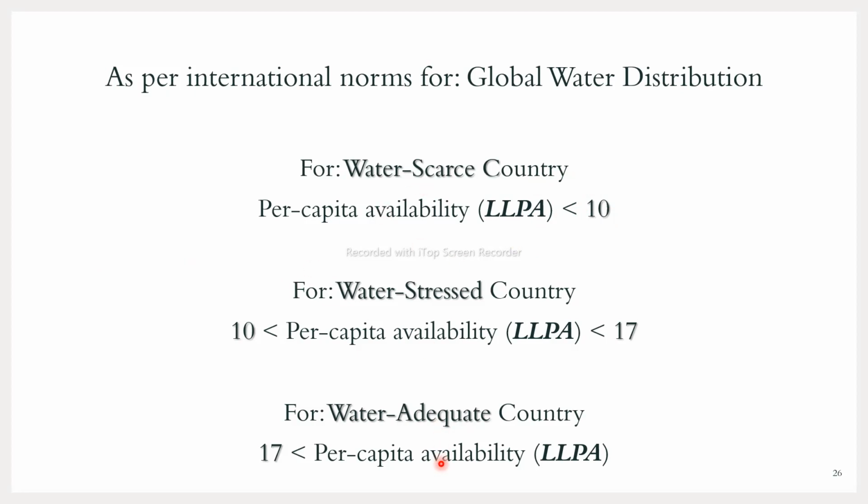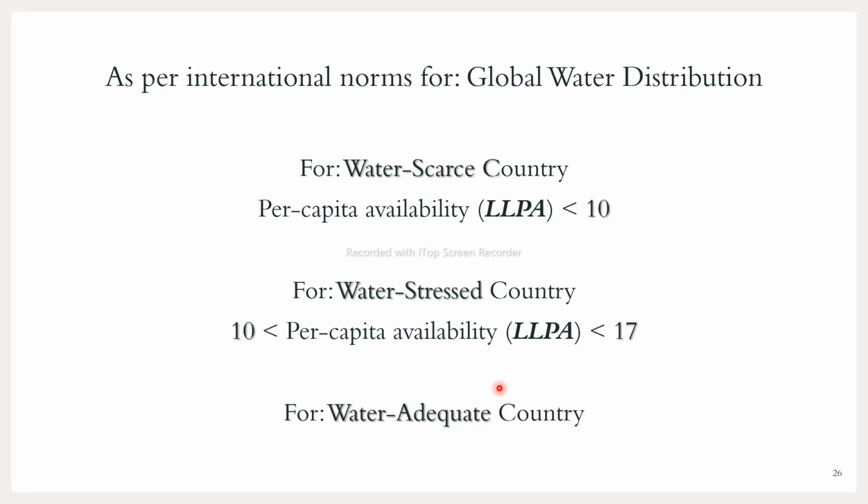If it is more than 20 or 21, those countries are highly water rich, but not many countries are like that. For example, Brazil, I guess, is a water surplus country. Some countries of Africa near the desert may be highly water scarce, but majorly countries are categorized under these three categories.